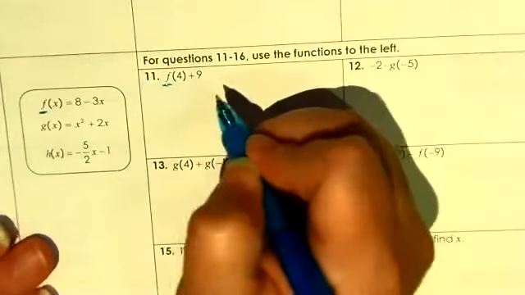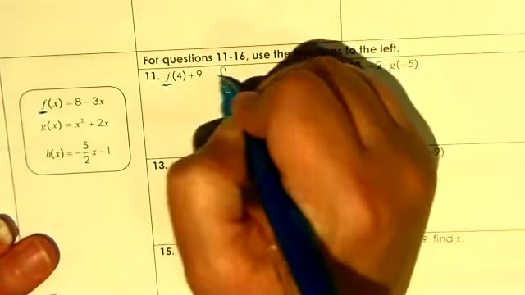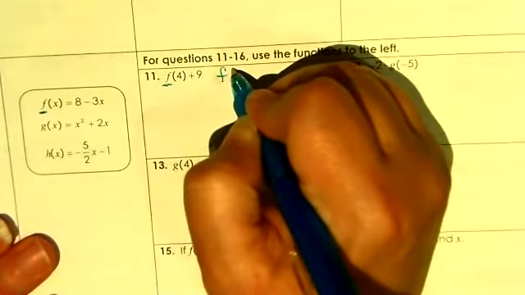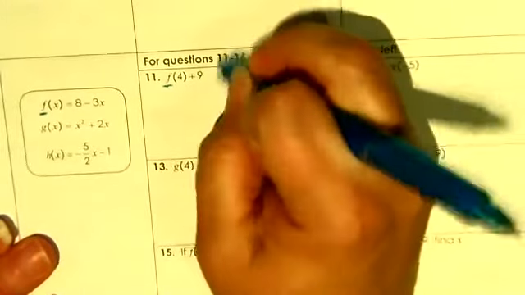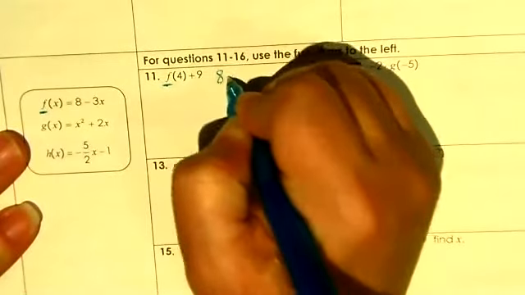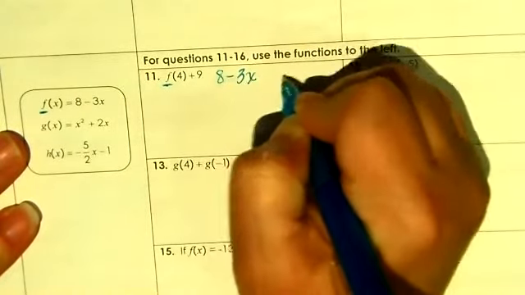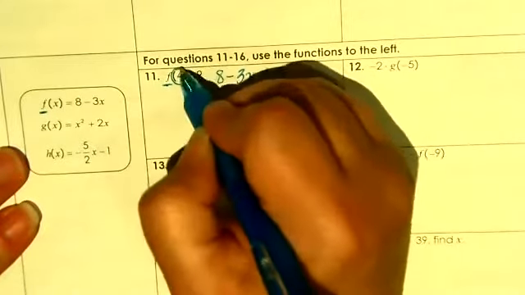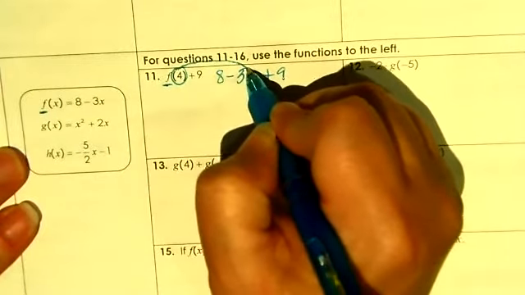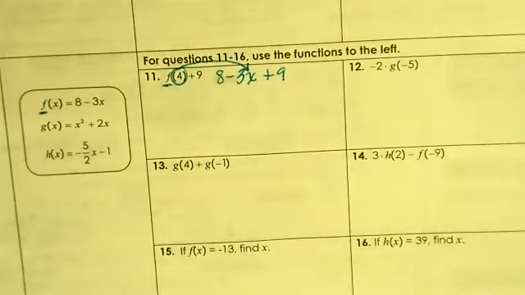So since it's f of 4, I'm plugging in the rule 8 minus 3x plus 9. And then I'm going to take this 4 and plug it in for this x in my next step.